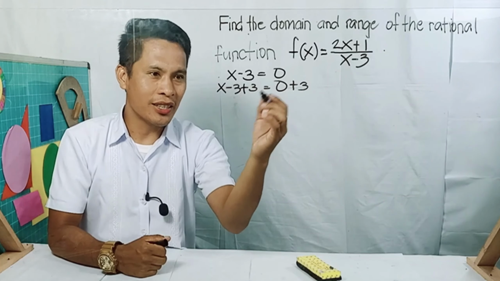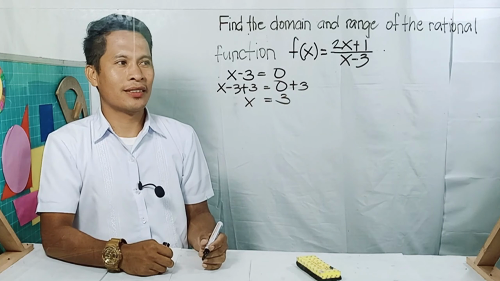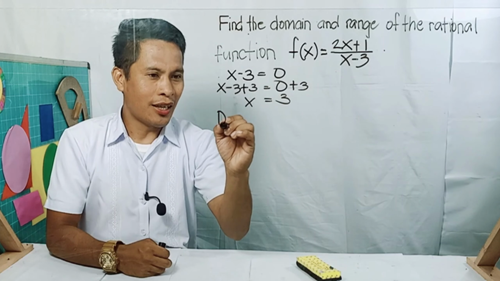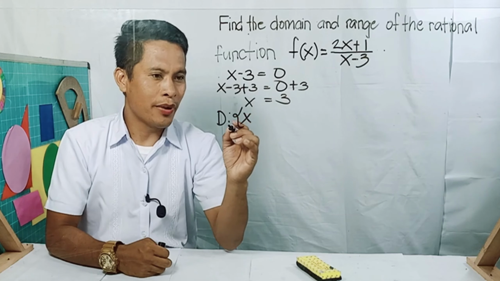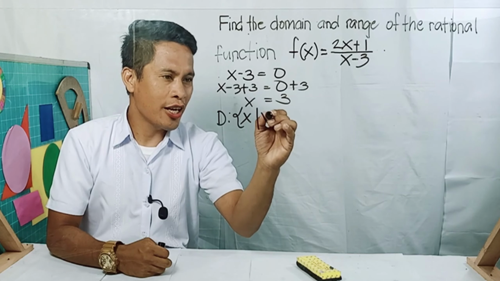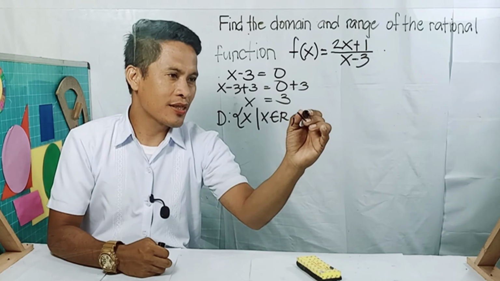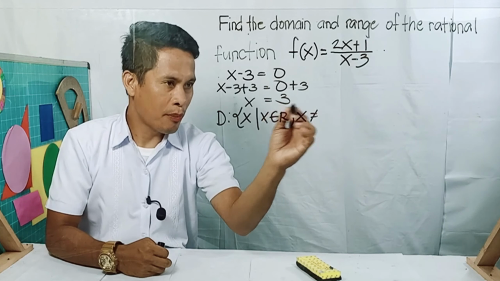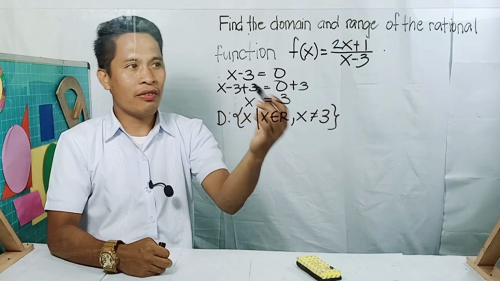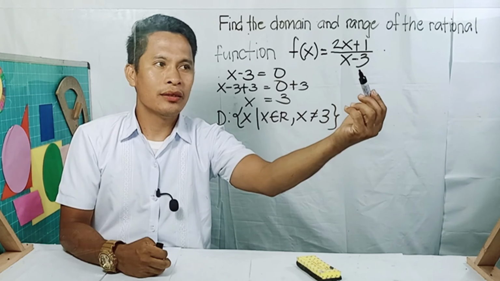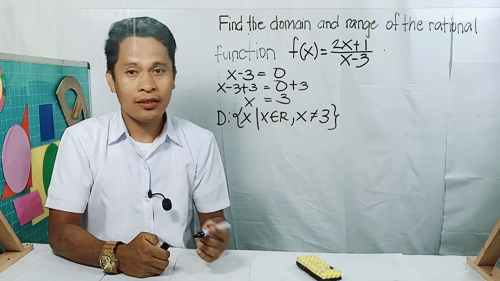Negative 3 plus 3 is 0. x equals 3. Then our domain is all the values of x such that x is an element of real numbers wherein x is not equal to positive 3, because positive 3 is the value of x that will make our function undefined. 3 minus 3 is equal to 0.